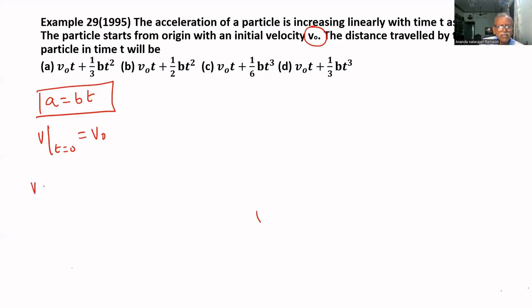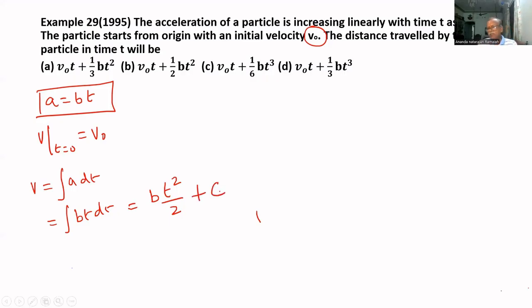To get velocity, we have to integrate acceleration. a = bt is given, so the integral of bt dt has to be integrated. What will you get? b is constant, therefore b times t²/2 plus C.